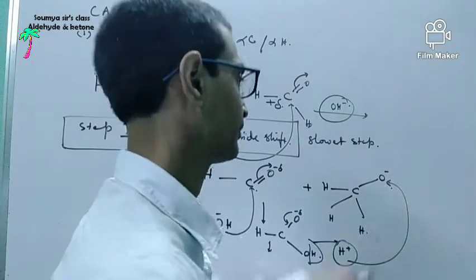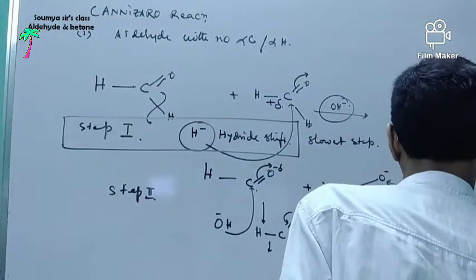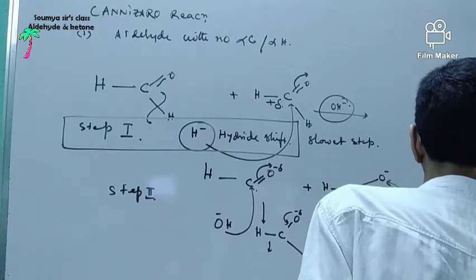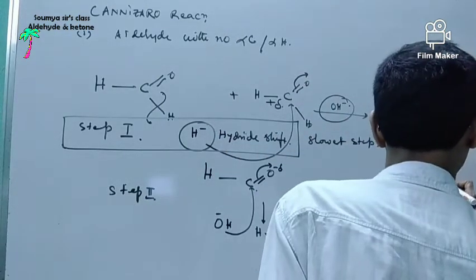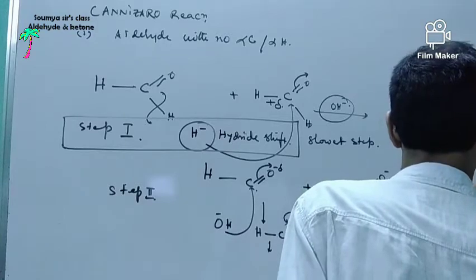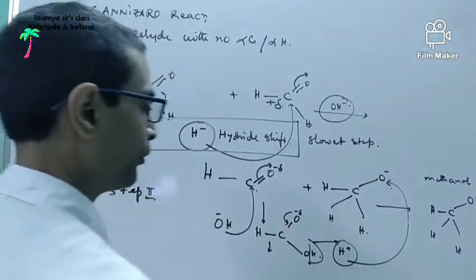So this part forms H, C, H, H and OH, that is methanol, and this forms the formate ion.